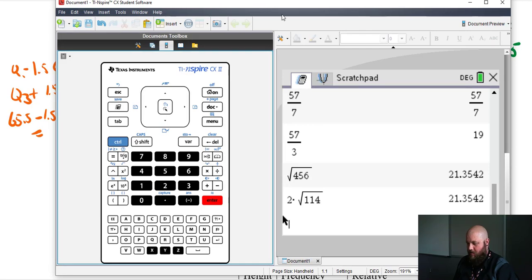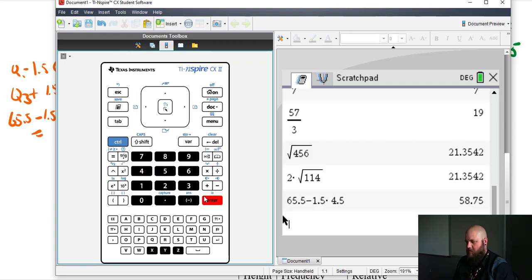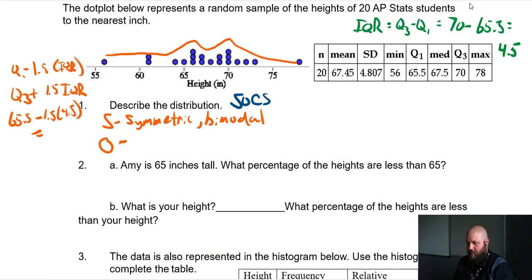So we got 65.5 minus 1.5 times 4.5. So that gives us 58.75. Okay.